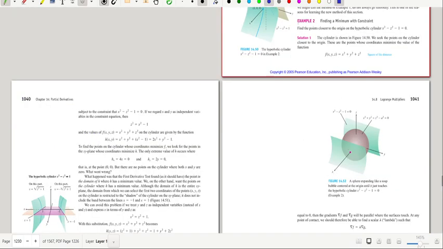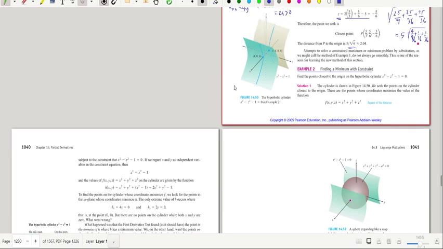Next we will consider example 2: the closest point to the origin on the hyperbolic cylinder x square minus z square minus 1 equal to 0. This is a hyperbolic cylinder. This is the figure.